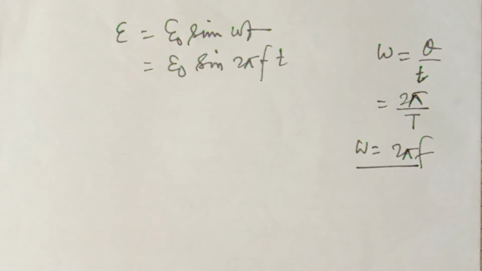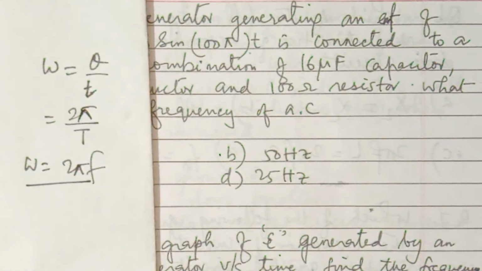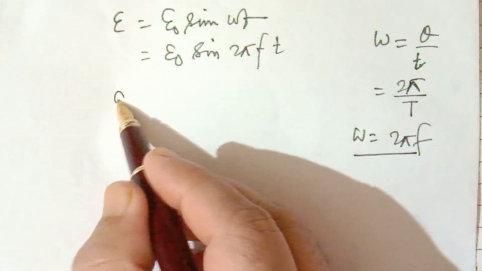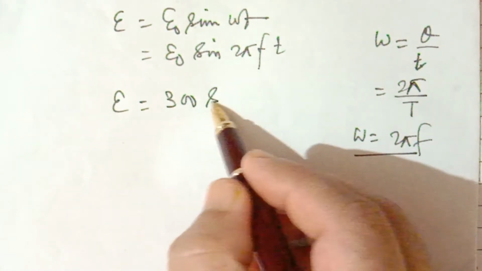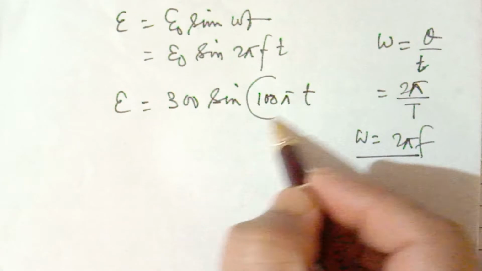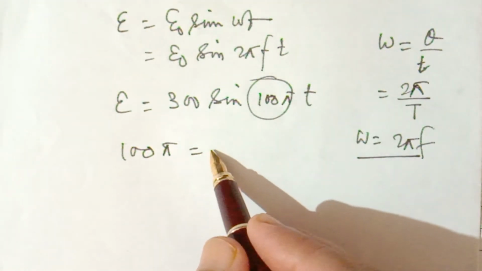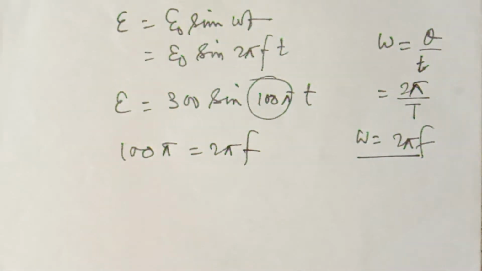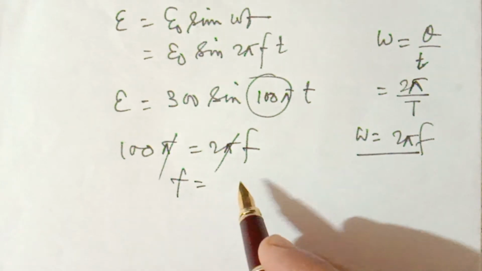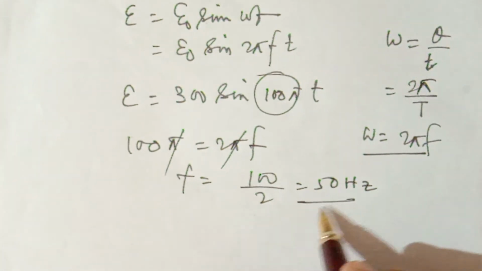तभी इसको कंपेयर कीजिए। अभी यहाँ पर EMF का दिया है वैल्यू, 300 sin 100 πt। That means this 100 pi is 2πf, then pi cancel, then f equals 100/2, 50 hertz.